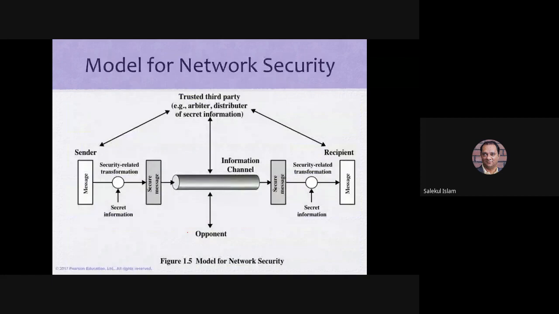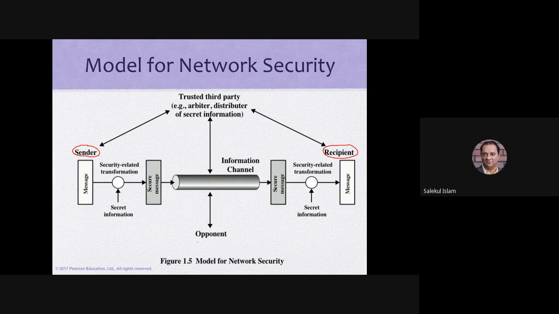So I think we are almost at the end. Here we have a model for network security. The model is, we have a sender here and we have some recipient here. The sender wants to send some message, but the information channel is not secured.